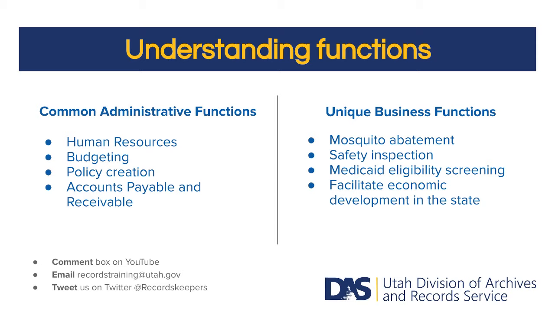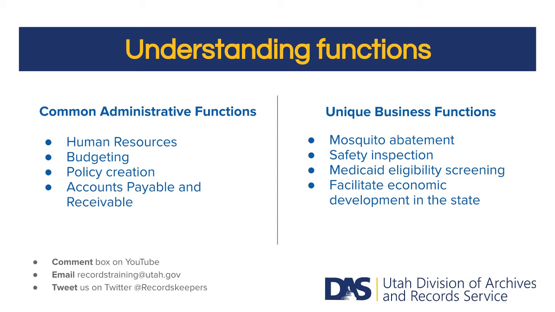So when you're using the function-based general retention schedules, having an understanding of what it is that your agency does is going to come in handy when you're starting to search for those retention schedules. And when we get into the search feature, I think you'll understand that a little bit more.